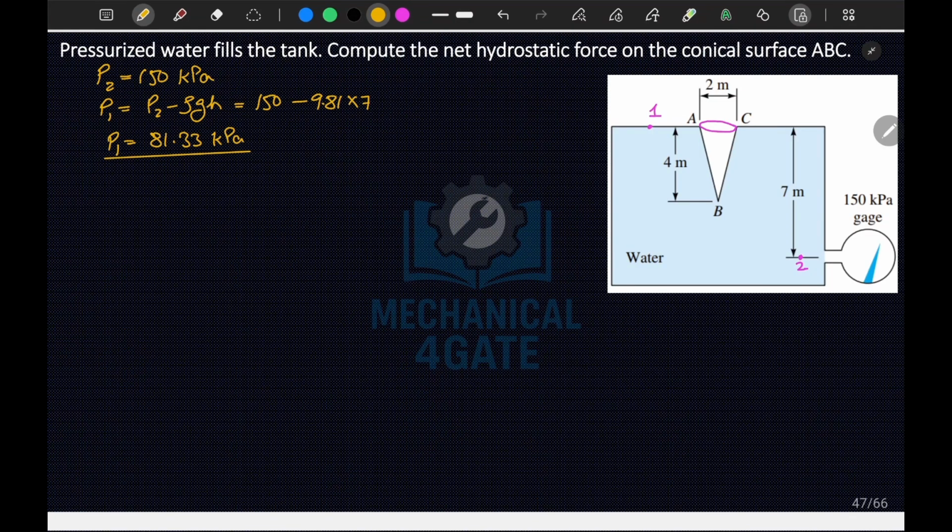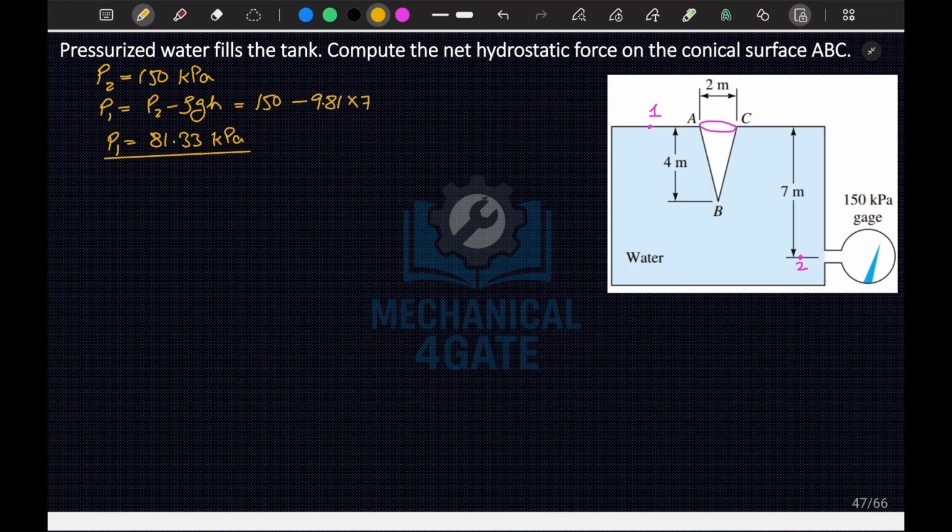Okay, now as I mentioned earlier, to calculate hydrostatic forces there are two methods. First is the pressure prism, second is to calculate the column of liquid, water or liquid, up to the free surface. Okay, so here, since it is a conical surface, the pressure prism method will be slightly difficult. So what would I do?